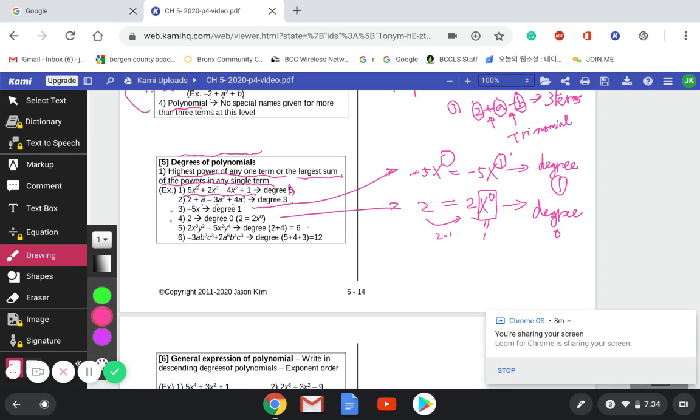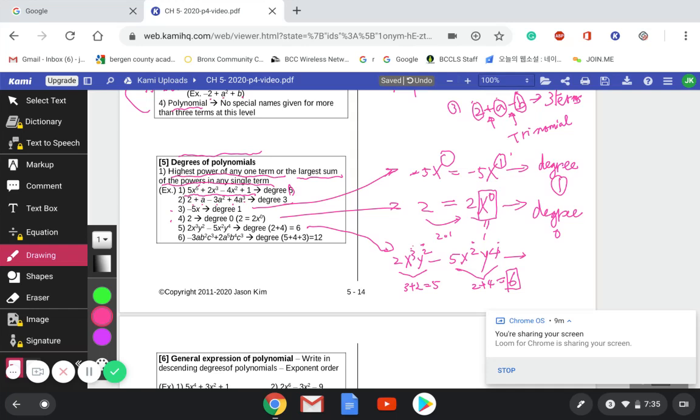Now, when you have number 5, 2x^3y minus 5x^2y^4, when you have terms with more than one variable, the degree of the first term is 3 plus 2, which is 5, and the degree of the second term is 2 plus 4, so that makes 6, and then you choose the highest one.